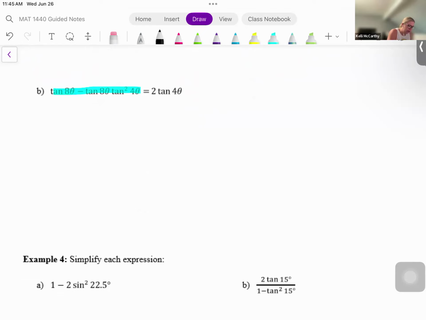One of the first things I notice is that there is a factor of tangent 8 theta in both of those terms, so I'm going to factor that out. So tangent of 8 theta times the quantity 1 minus tangent squared 4 theta is equal to 2 tangent 4 theta.